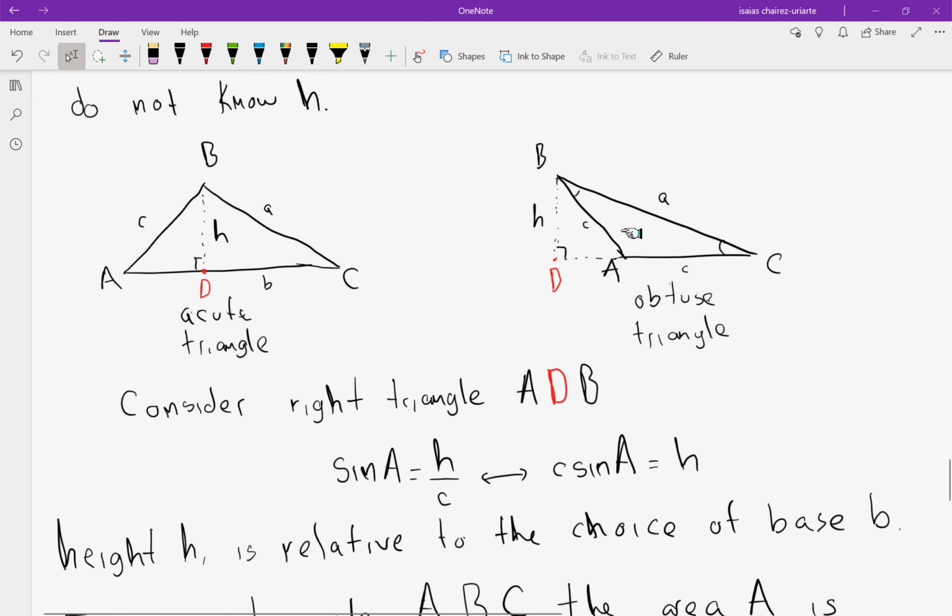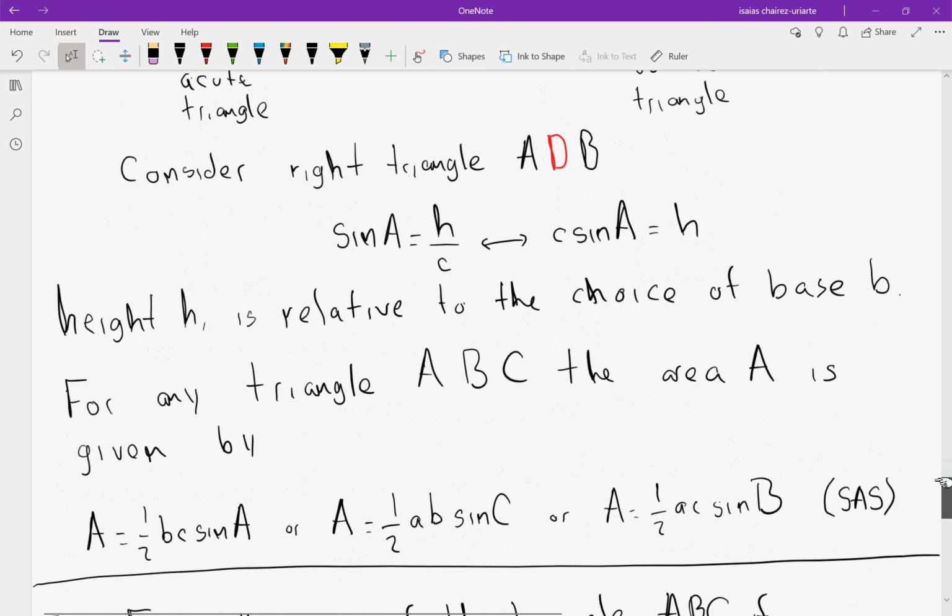So they're relative. So we usually think horizontal is the base, vertical is the height, but that's just because that's how our mind works. We could also think about the base as being this length over here, and the height is going to be some perpendicular line going to it. So the height is relative to the choice of the base.